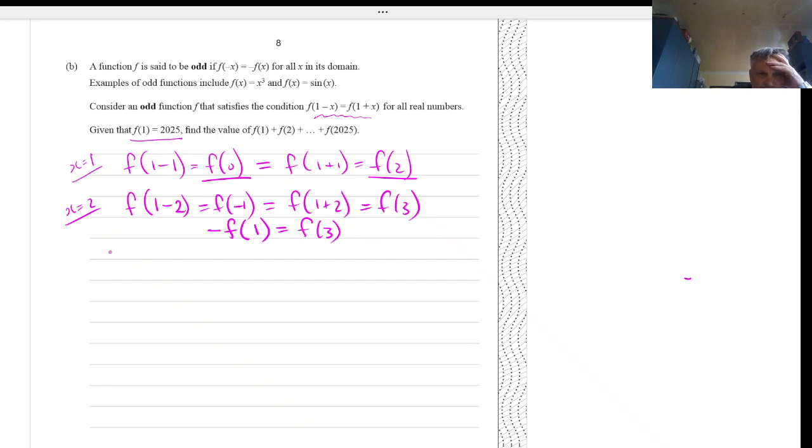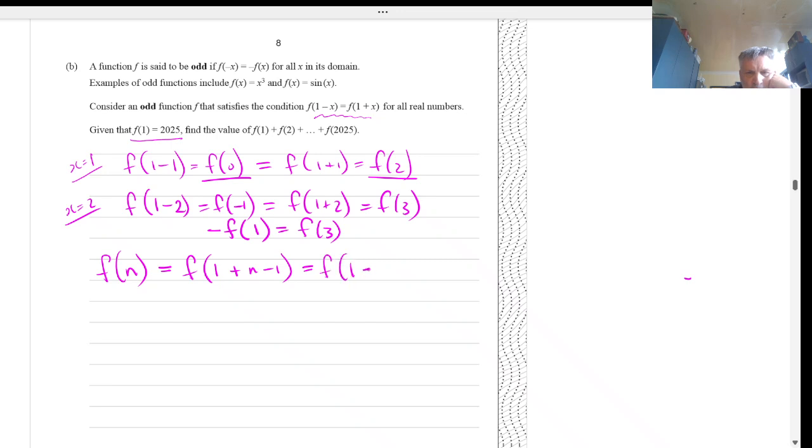So let's have a look at what happens if we wanted to work out in general what f of n is. This is the same as f of 1 plus n minus 1. 1 minus 1 is 0, so these are the same things. So that's saying our x value is n minus 1. That's going to be the same as f of 1 minus n minus 1.